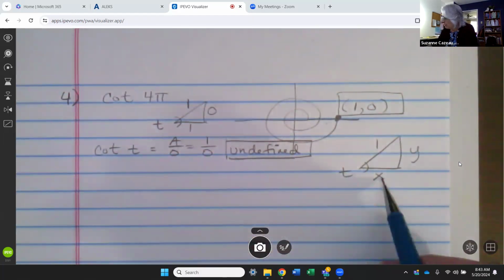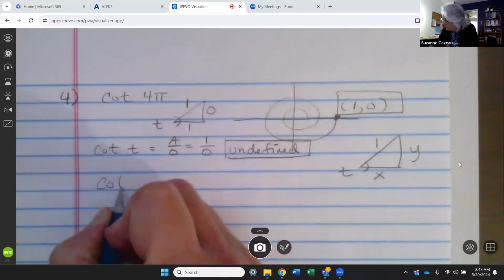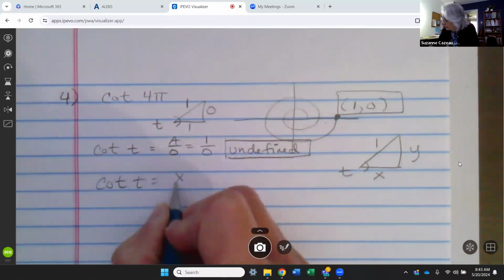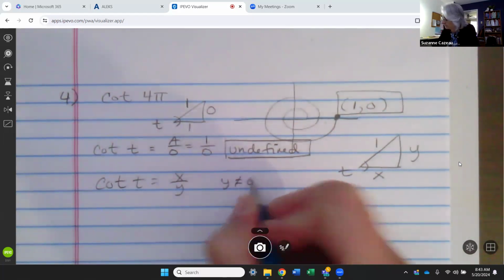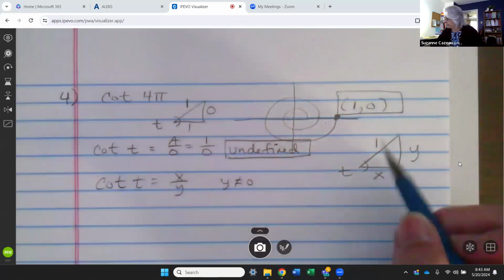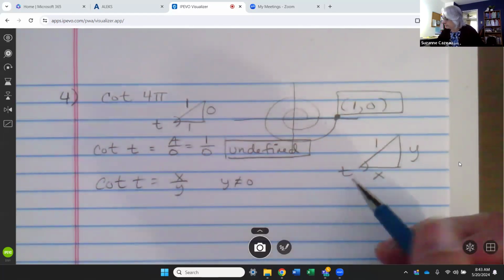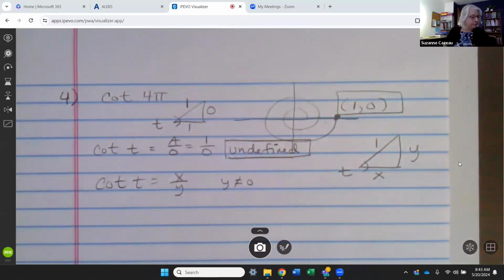So it's X over Y, where Y is not 0. But that's what they want there. Adjacent over opposite. Okay.